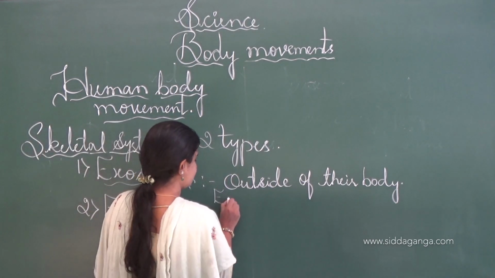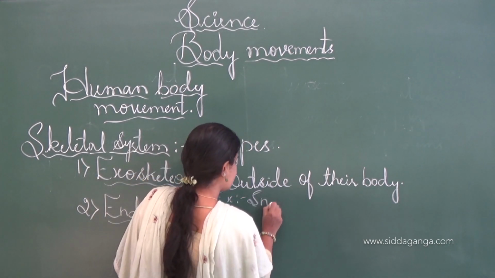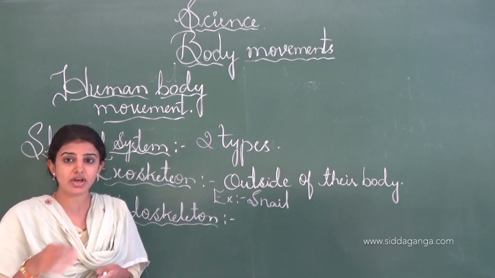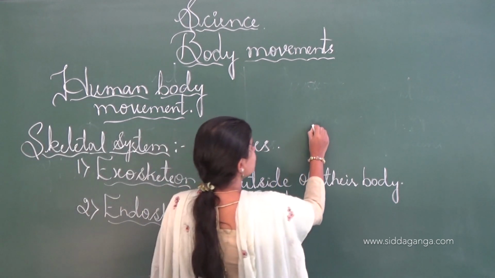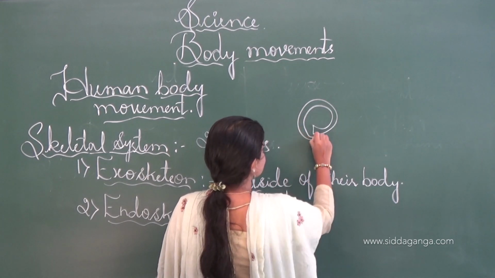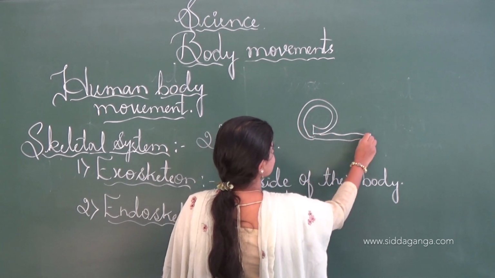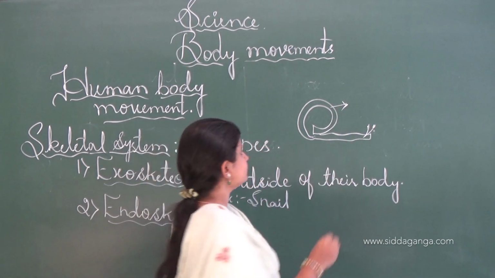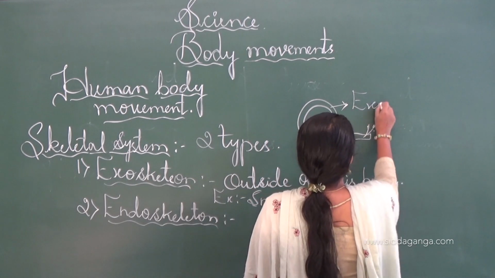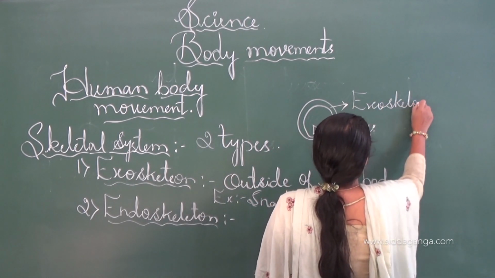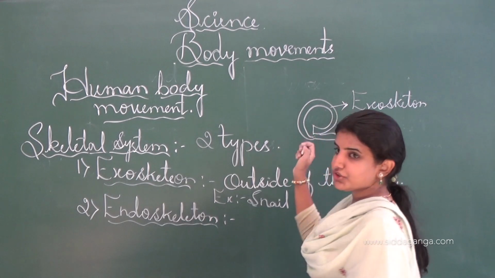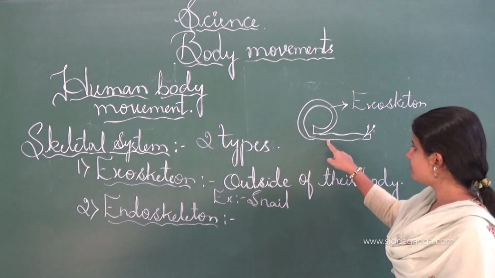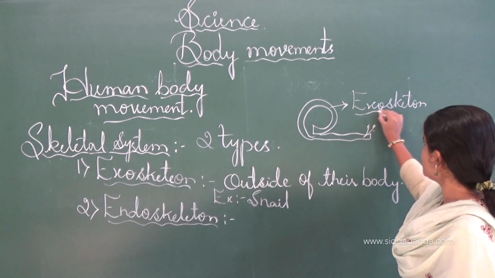An example is the snail. In a snail, the outermost skeleton is present in the upper portion. For example, consider this snail, and this is the exoskeleton, which is a hard tissue, usually present on the outside of the body, and that's why it is called exoskeleton.